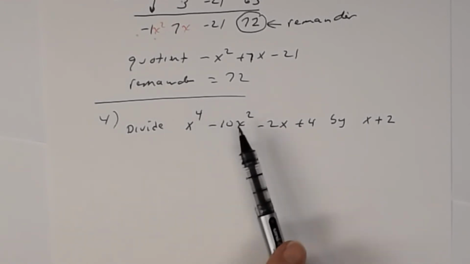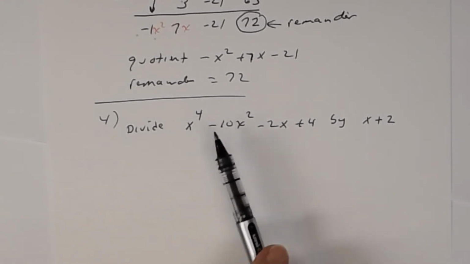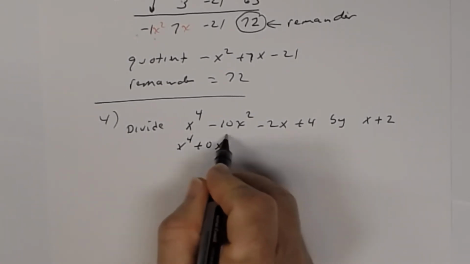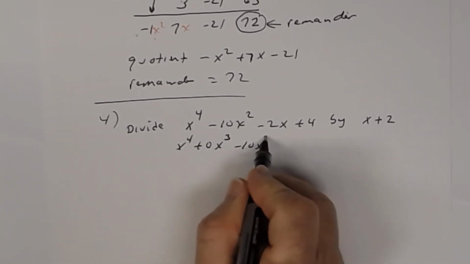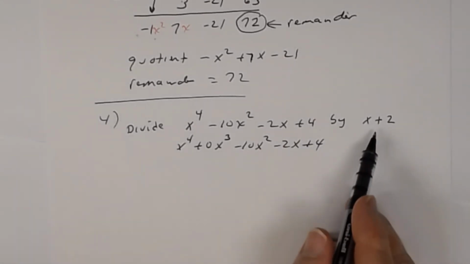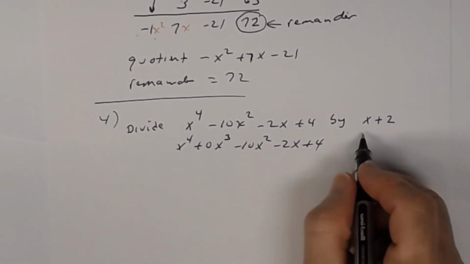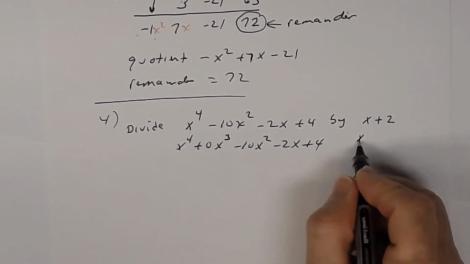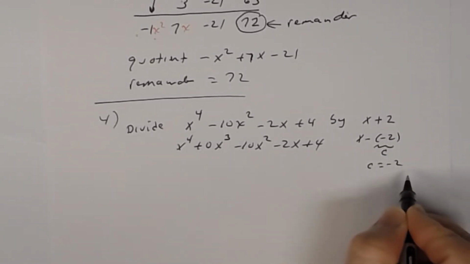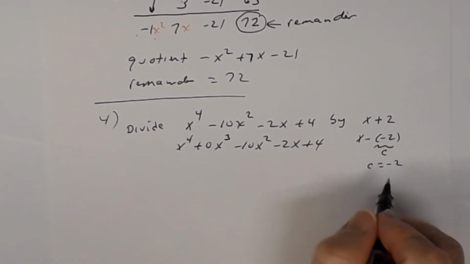I'm missing the x cubed, right? That looks like the only one I'm missing. So I'm going to rewrite this as x to the fourth plus 0x cubed minus 10x squared minus 2x plus 4. Okay, so remember you've got to determine what c is, so be careful. x plus 2 means the same thing as saying x minus a negative 2. So there's your c. So c is negative 2. Okay, that's important. You've got to be careful.